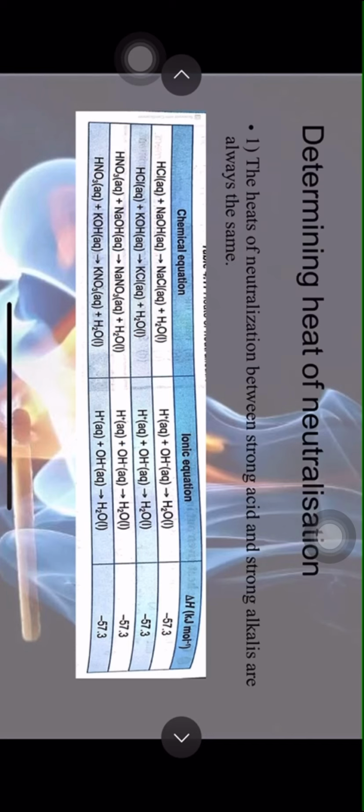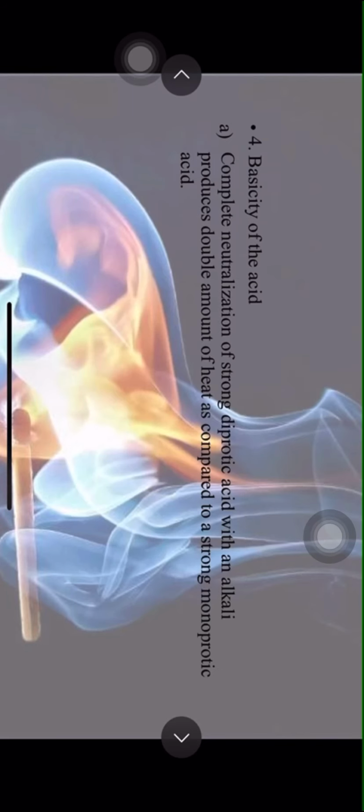The value of heat of neutralization depends on first the basicity of acids, second the strength of the acids and also the strength of the alkali. Let's see what the basicity of the acid is. Complete neutralization of strong diprotic acid with an alkali produces double the amount of heat compared to the strong monoprotic acid.